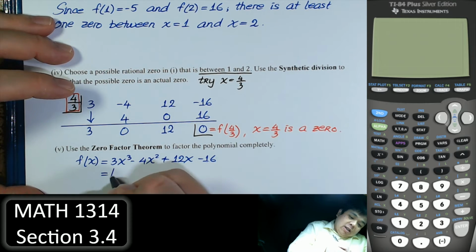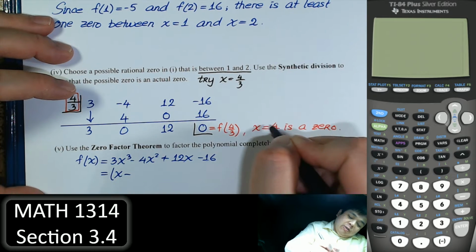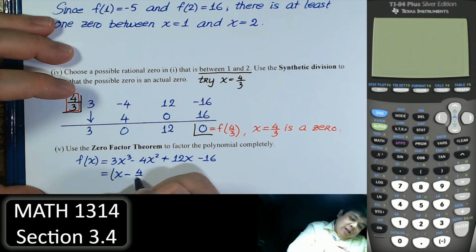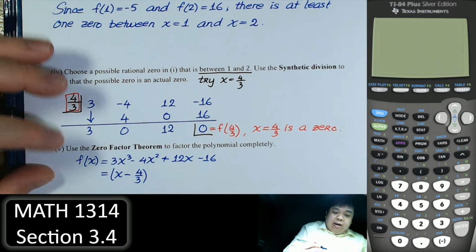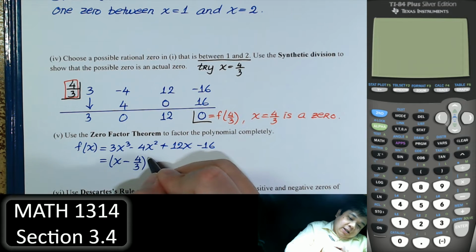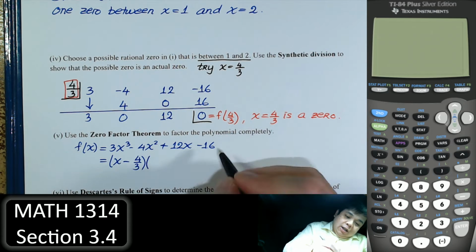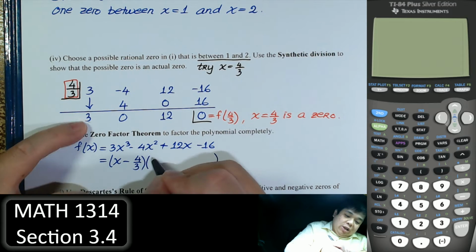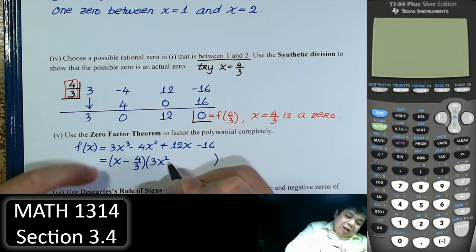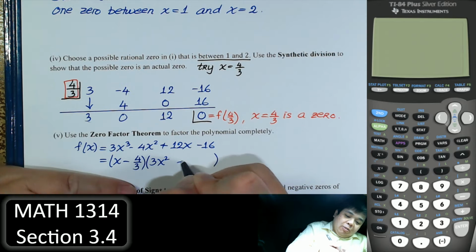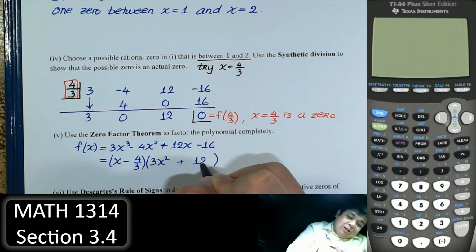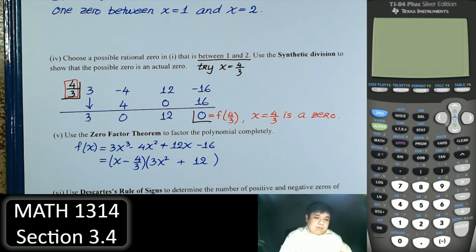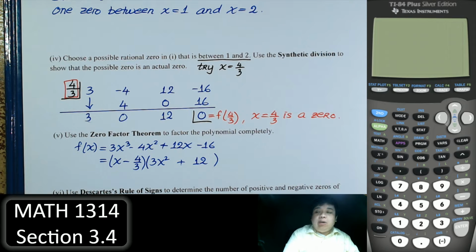One of the factors is x minus 4 over 3, and then the other factor will have to be what we have here, 3x squared plus 0x plus 12.